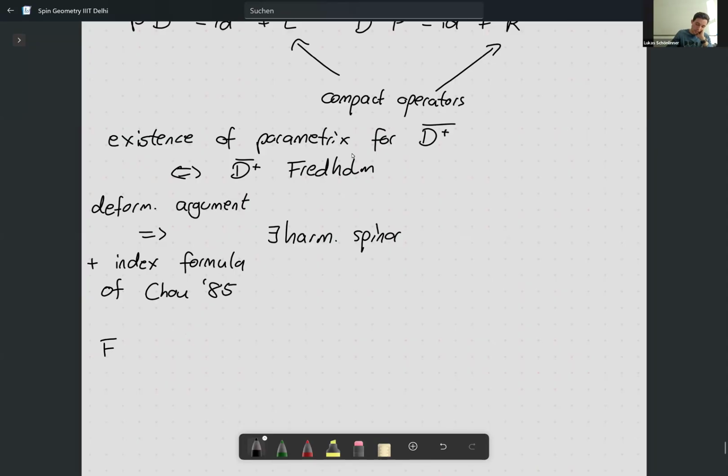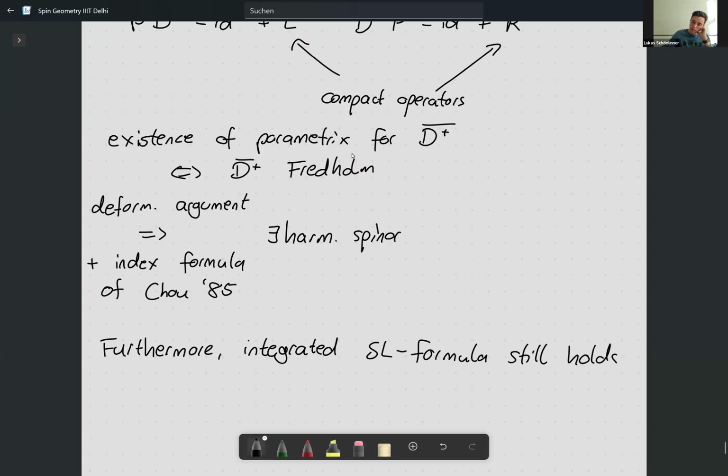And the other ingredient that we always need for the proof of Llarull is the Schrödinger-Lichnerowicz formula, but we only need the integrated form of it. So the integrated Schrödinger-Lichnerowicz formula, you also show that this still holds for manifolds with cone-like singularities.